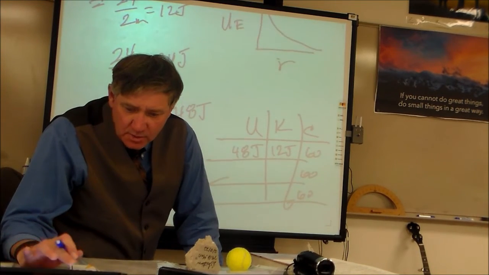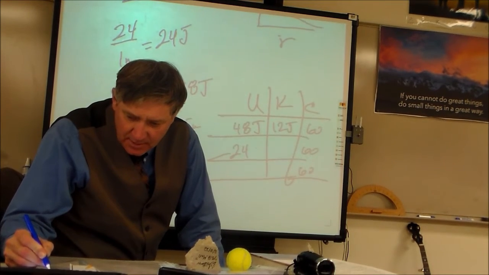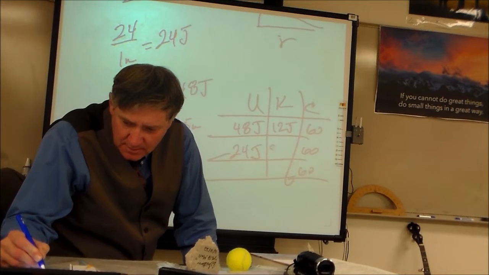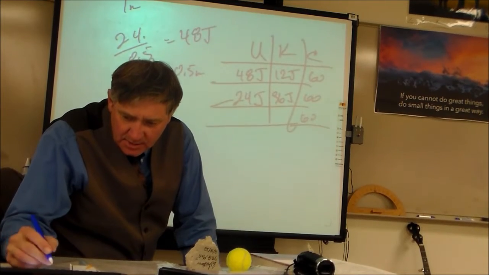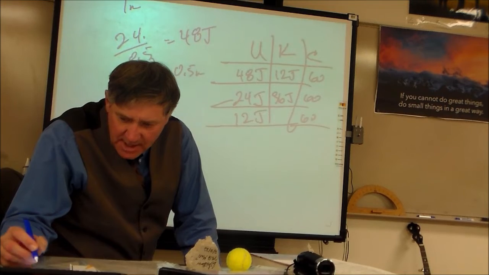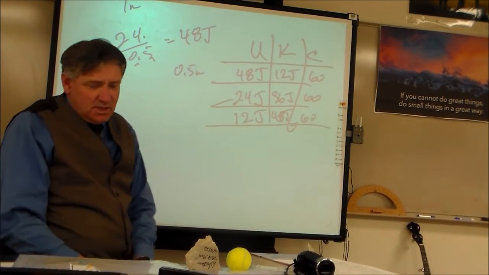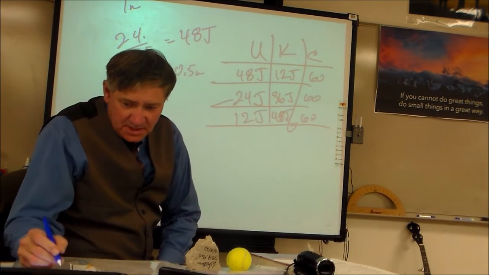When we were at 1 meter, we had 24 joules of potential, which means that we had 36 joules of kinetic. And when we were at 2 meters away, we had 12 joules of UE, so we had 48 joules of kinetic.